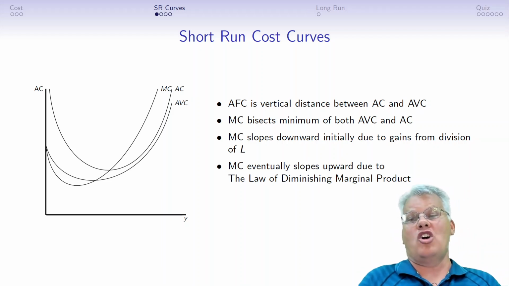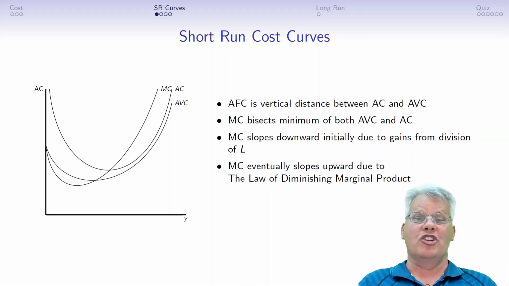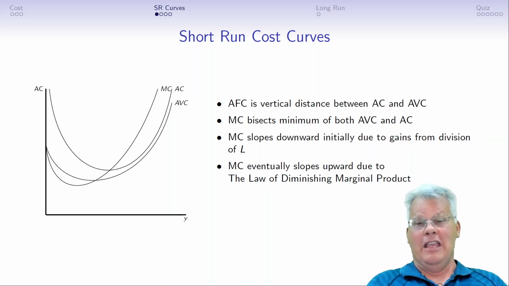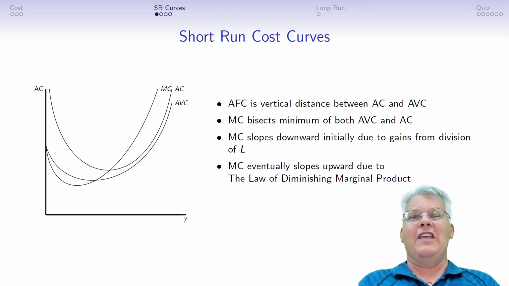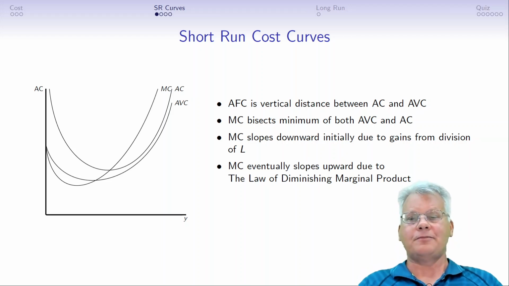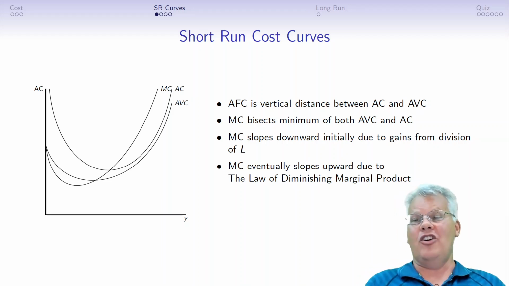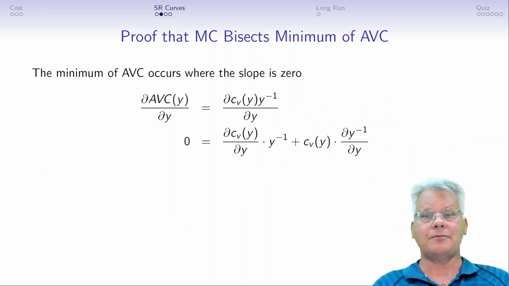But then the marginal cost curve eventually slopes upward due to the law of diminishing marginal product, which we also talked about. If the capital stock is fixed, the output that they can get from additional units of labor will eventually diminish. So we combine all that together and we get these 3 U-shaped curves like what I've shown here.